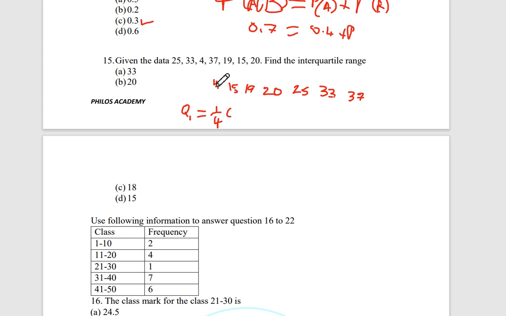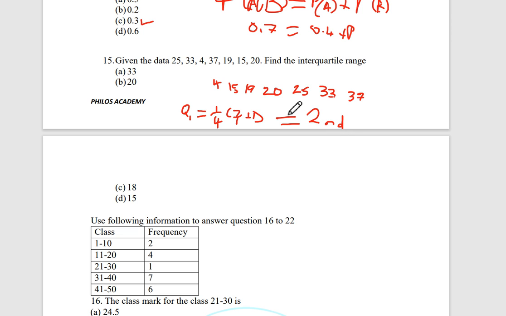You count the number of values: 1, 2, 3, 4, 5, 6, 7. There are 7, so you have to add 1 to it. So 1 over 4 multiplied by 7 plus 1. 7 plus 1 gives you what? 8. You can press it on your calculator. Then 1 over 4 times 8 will give you what? 2. Meaning the second position.